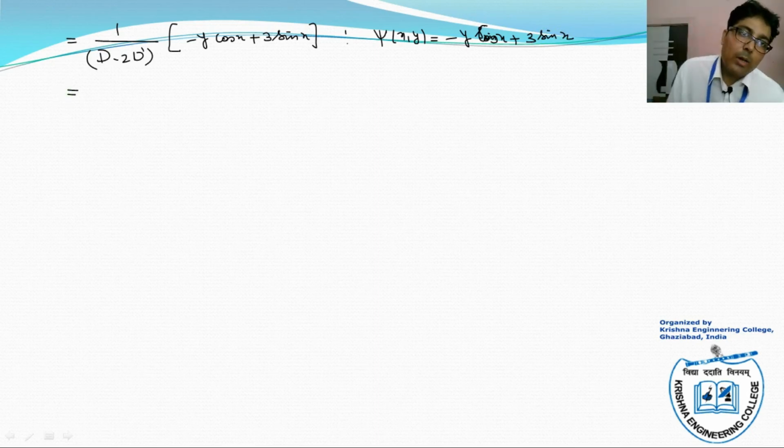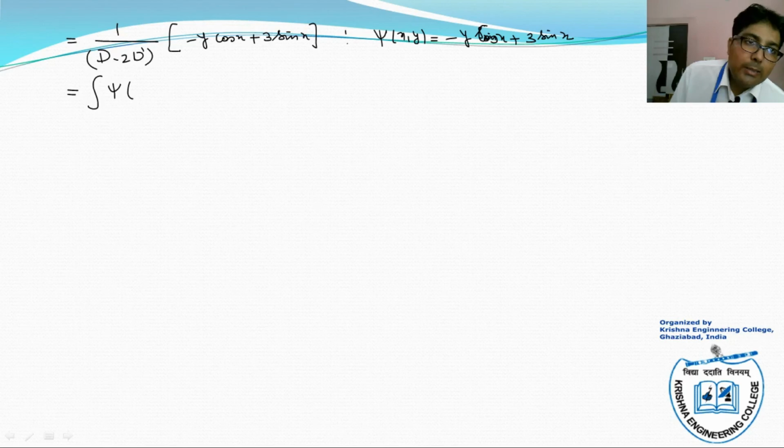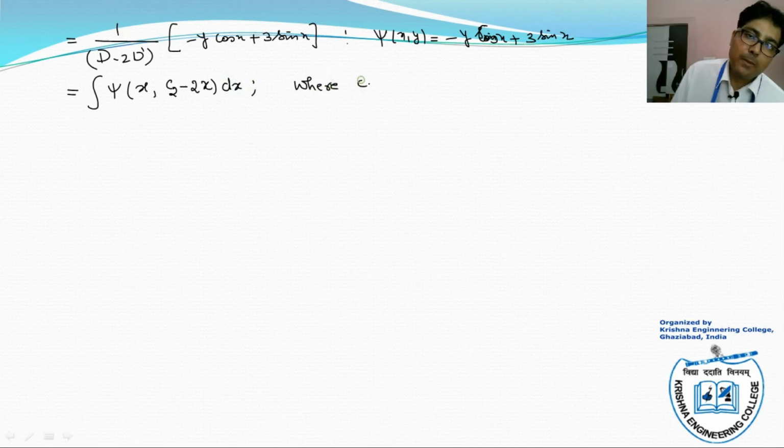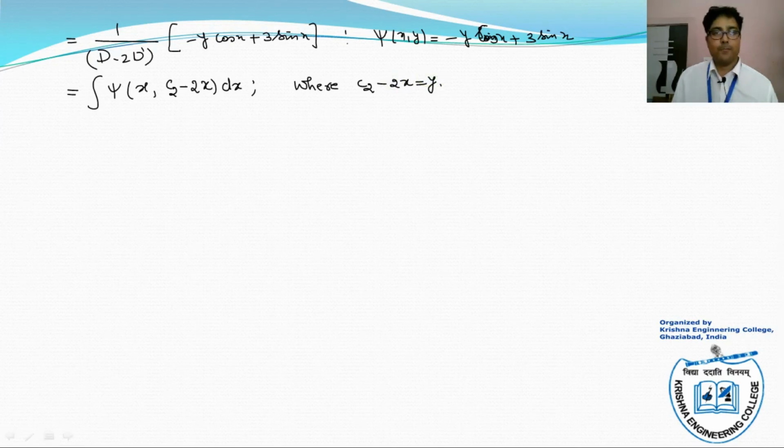So now apply again the general method. So this is integration of psi, x as it is, but replace y by c2 - 2x, into dx, where c2 - 2x is equal to y.